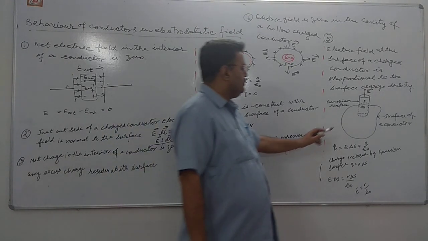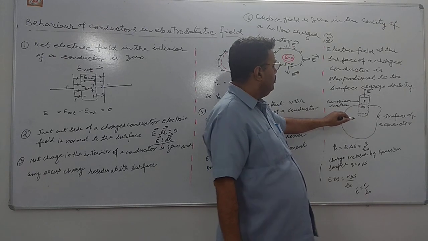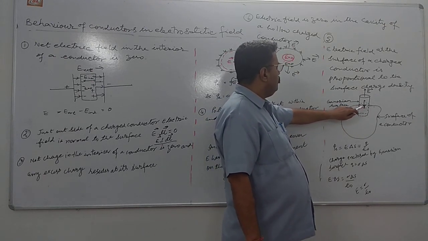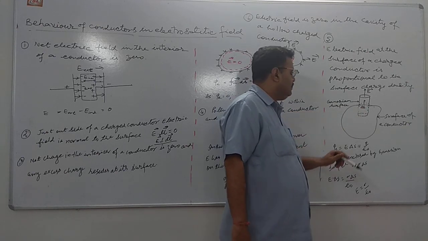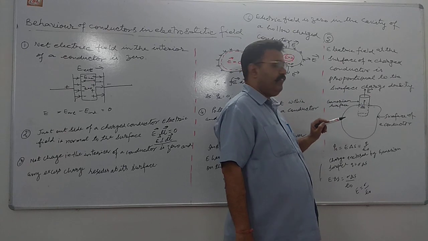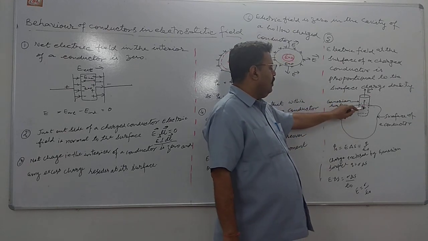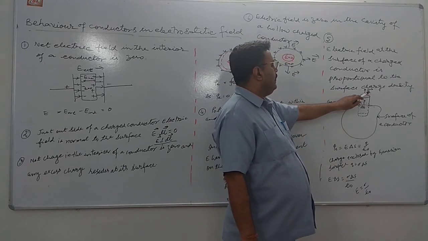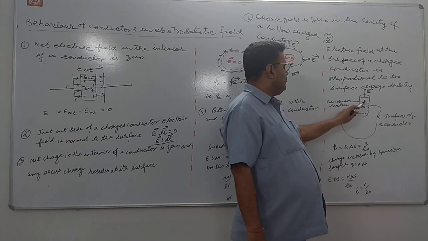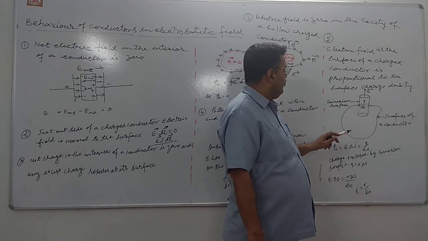We can prove that by considering a conductor, and on this conductor we consider a small surface element, del S. By taking del S, we assume a cylindrical Gaussian surface. In this cylindrical Gaussian surface, E always remains outward, normal to the surface, and the area vector is also along the electric field.